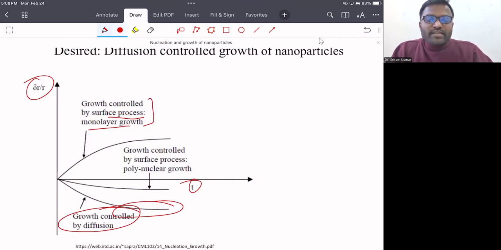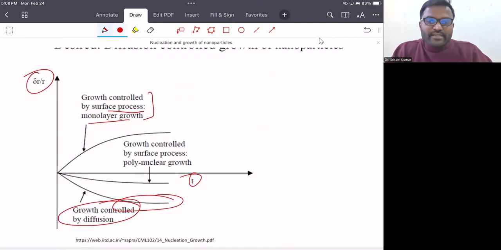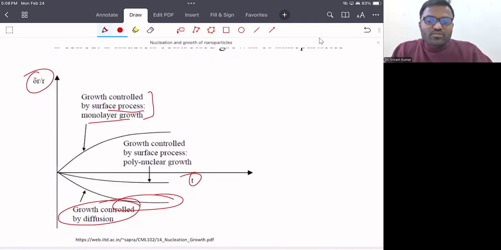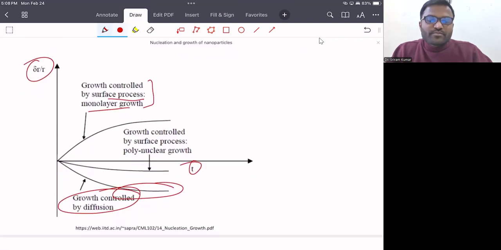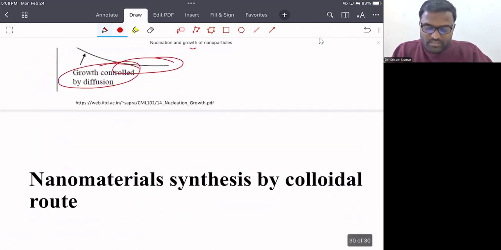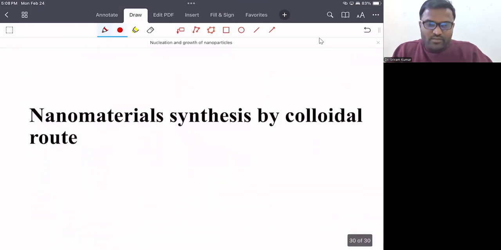And in real time, if you want to synthesize nanomaterials for a practical purpose, we should go for the diffusion control process because it has the capability to make uniform particle size. So this is all about nucleation and the growth of nanomaterials. In the next class, we are going to learn about colloidal nanomaterials.